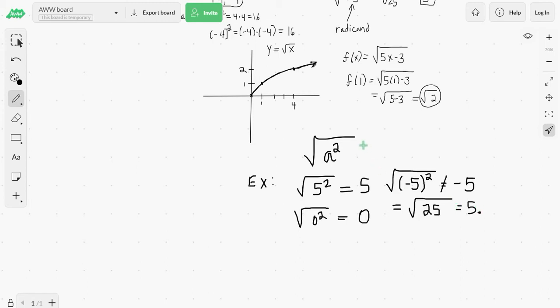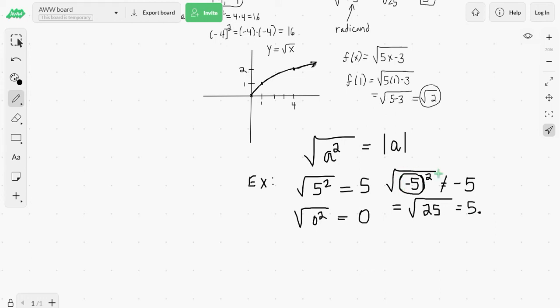Another way to shorthand what we've got here is just to say that the square root of a squared is just the absolute value of a. Remember, the absolute value of a just takes the thing that's squared and makes it positive, like negative 5 in our case.